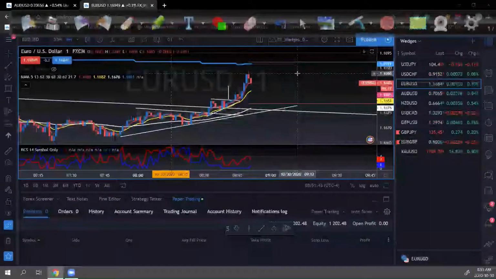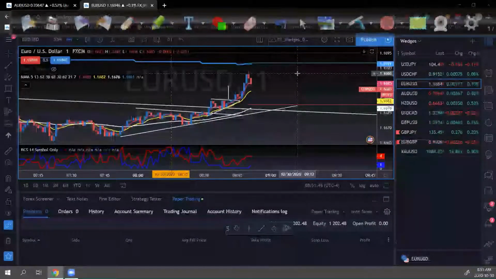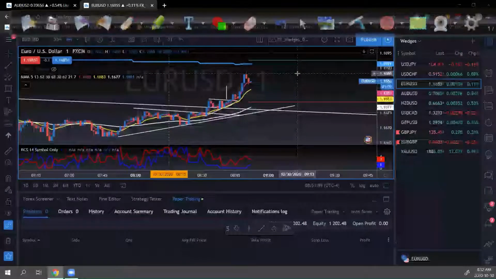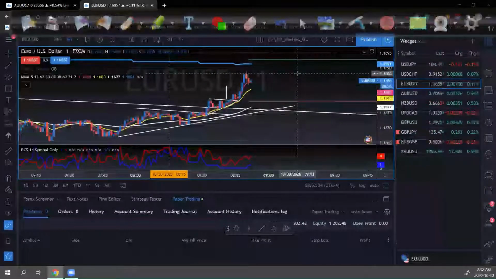This is actually just a pullback, so there might be another entry later on today before market closes. There might be another buy in here, but there's definitely no, I'm not taking a sell. I don't want to be in that kind of consolidation. I'd rather let it do its thing, because we're coming up to the 9 o'clock hour.